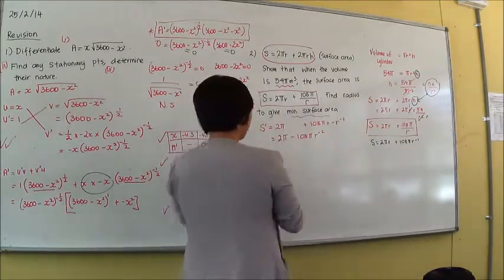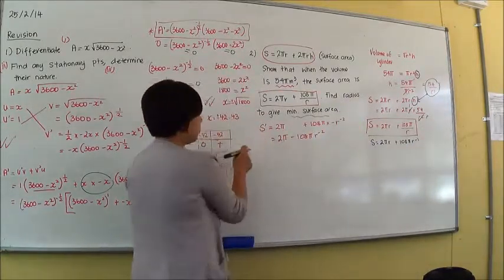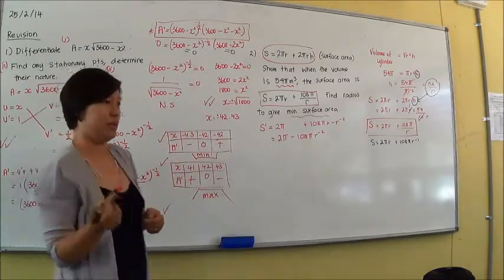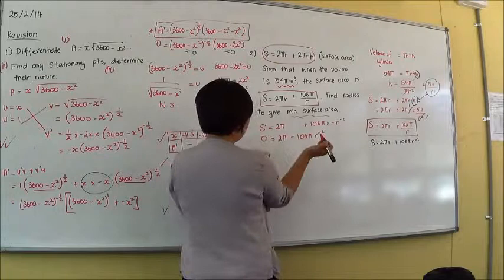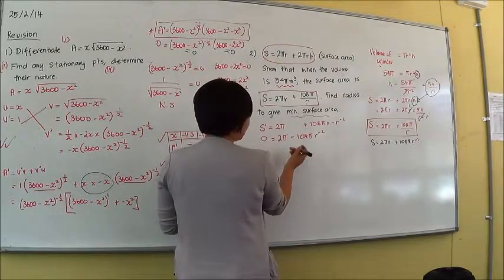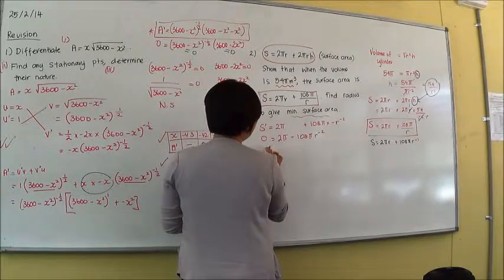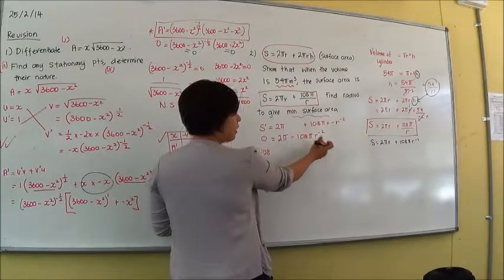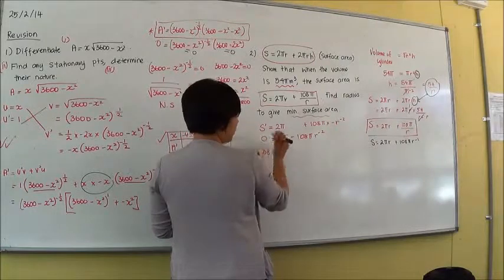Okay, so that's our derivative. So what do we do with the derivative when we're finding minimum and maximum? We make it equal to 0. So I can take this to the other side. I'm just taking 108 pi r to the minus 2 to the other side.